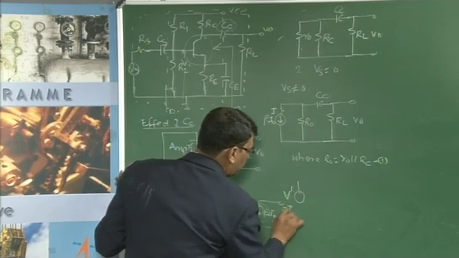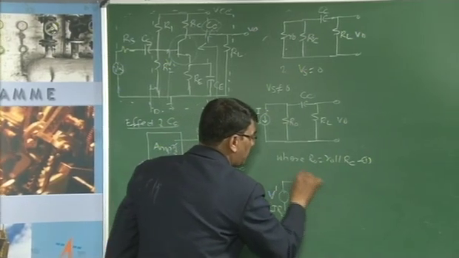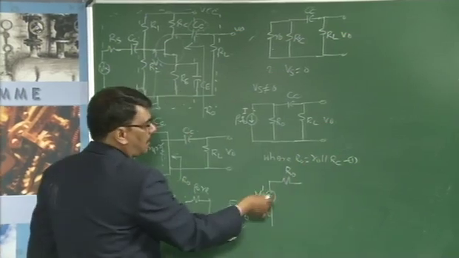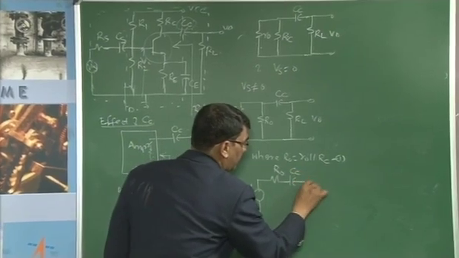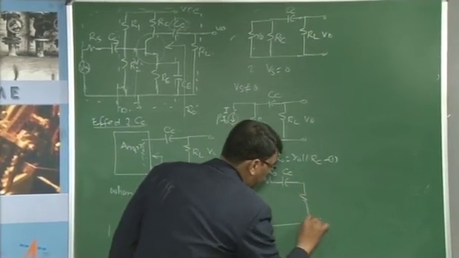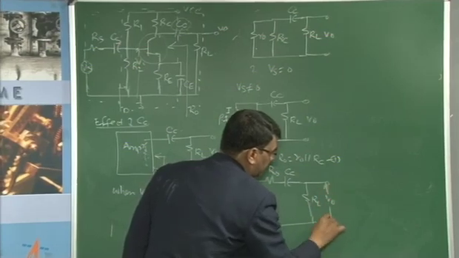So V dash is equal to I into R naught. This is in series with R naught, given in expression 1, then the capacitor CC, and the output is taken across the load resistance RL. This voltage is V naught.